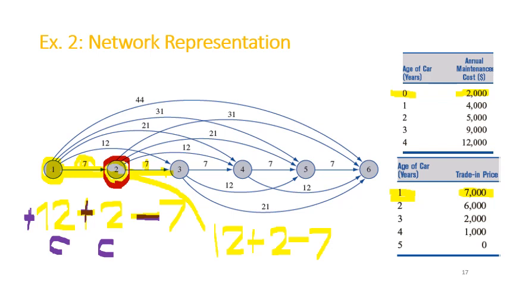So what I was trying to say is that this arrow means that at this node, you are buying a new car, and then you use it until the end of this arrow, and then you sell your car for trade-in. But the problem of buying a new car to use will start at the node.